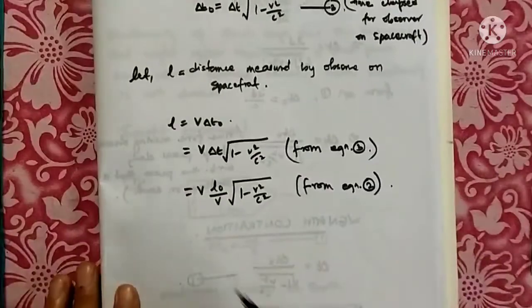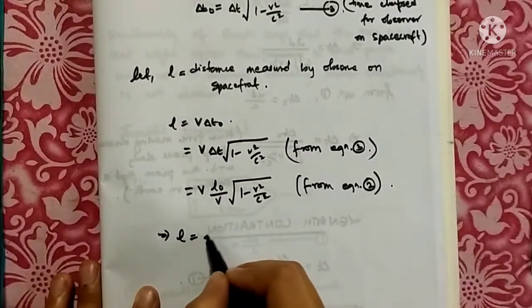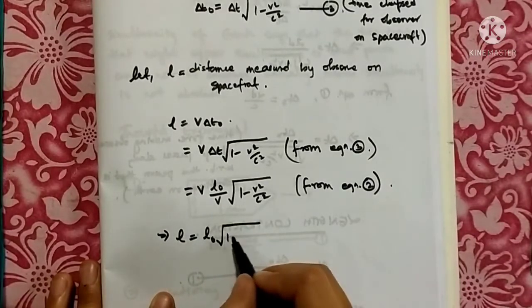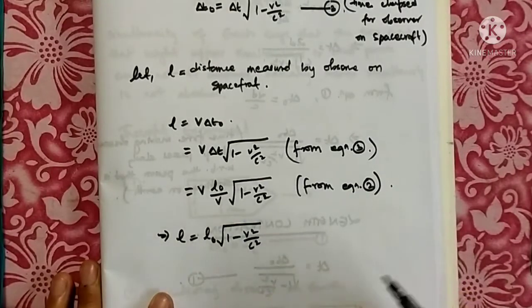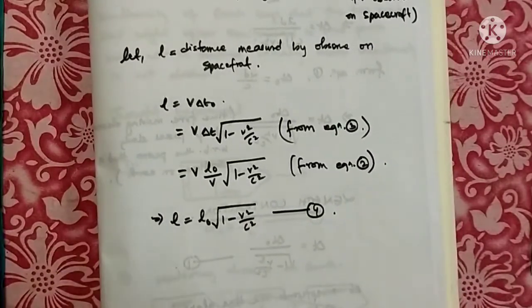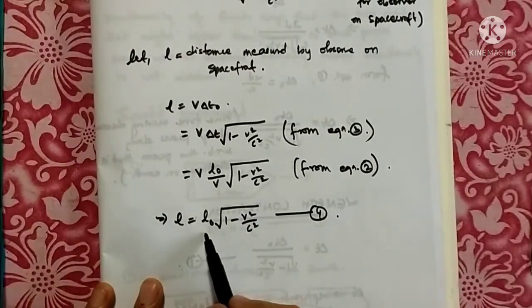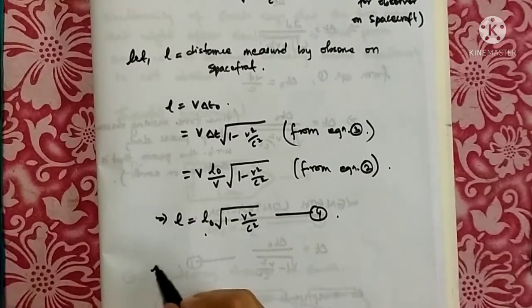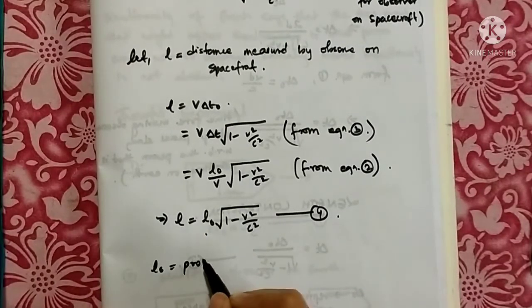It implies that L is equal to L naught under root 1 minus V square by C square, equation number 4. And this is known as the length contraction, where L naught is the proper length.